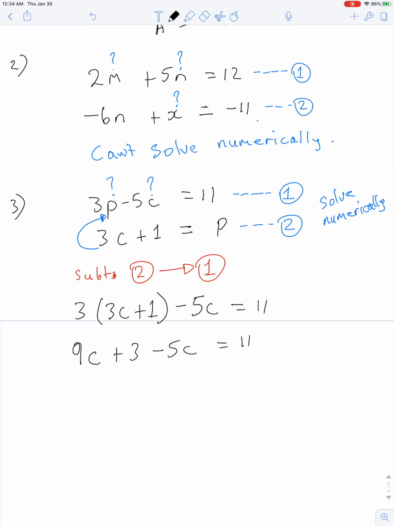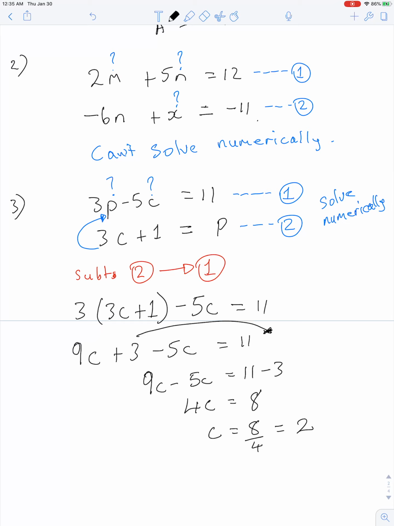Let's take it a little bit slow so we could group: 9c minus 5c equals, I bring this over here, this becomes a negative sign, so that becomes 11 minus 3. What's 9 minus 5? I think that's 4. 4c, and 11 minus 3, I think that's 8 if I'm not mistaken. 8, quick math. And c should be equal to 8 divided by 4, which we all know is 2.